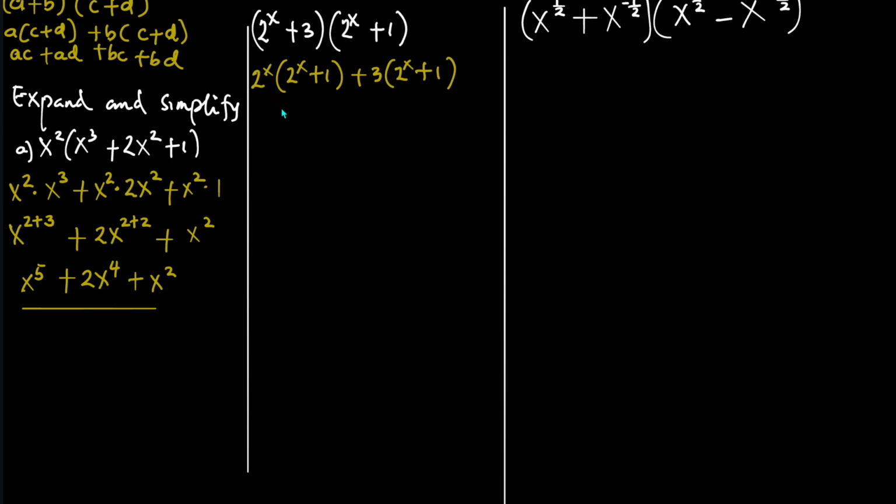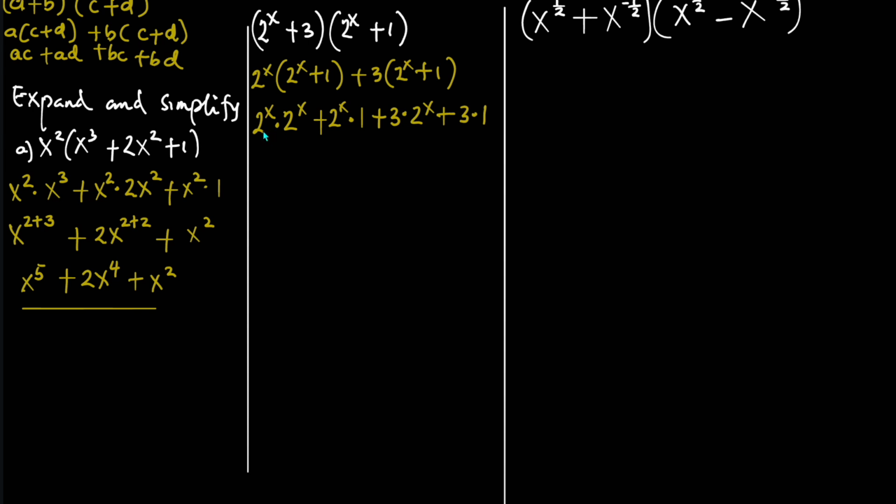Now taking that one at a time, this becomes 2 to the power of x multiplied by 2 to the power of x, plus 2 to the power of x multiplied by 1, plus 3 multiplying 2 to the power of x, plus 3 multiplied by 1.